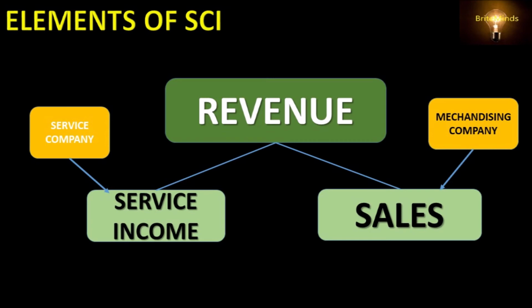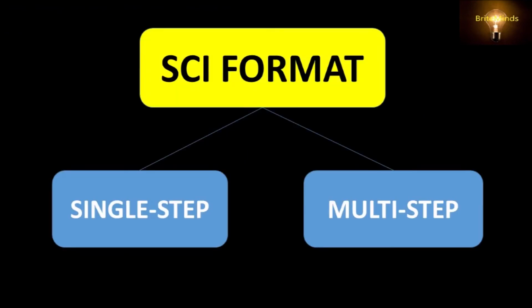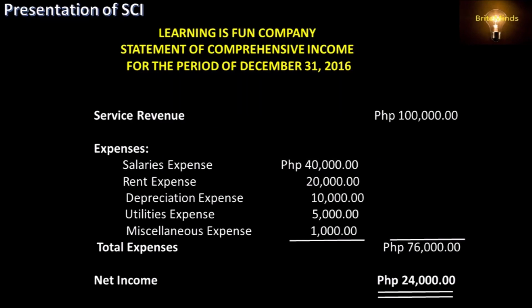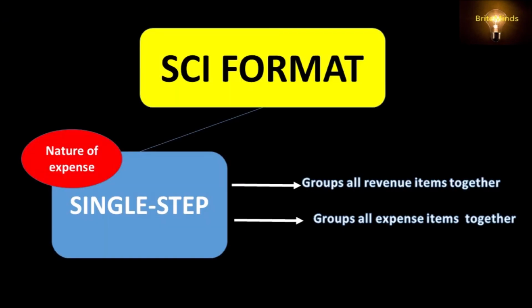We go to the presentation of the statement of comprehensive income. There are two formats, namely the single step and the multi-step. Okay, so I have here an example of a statement of comprehensive income. We can see that all revenue items are grouped together and all the expense items are grouped together.